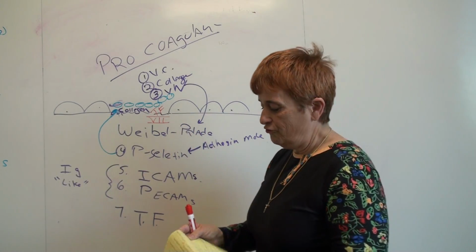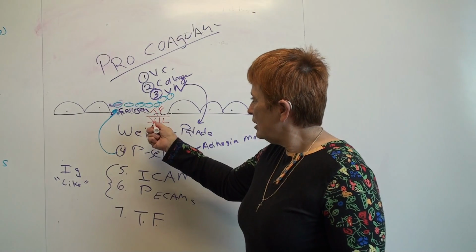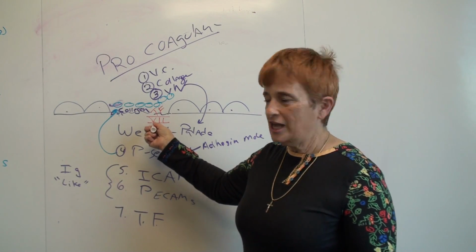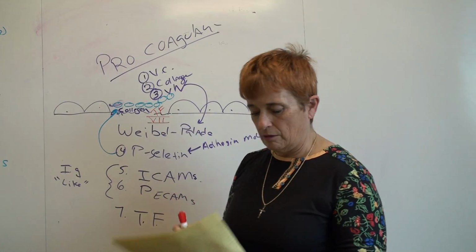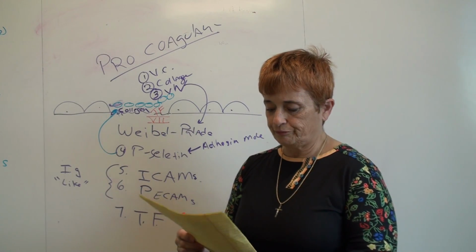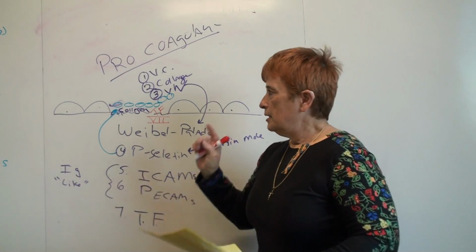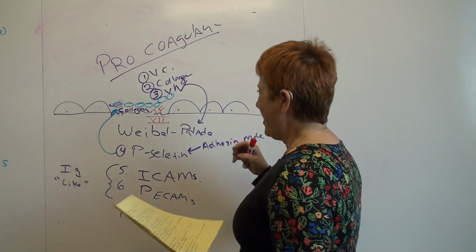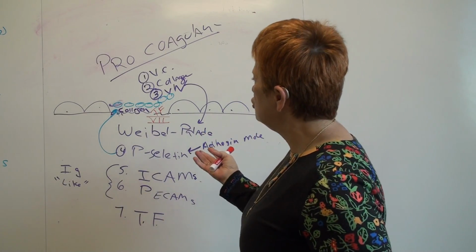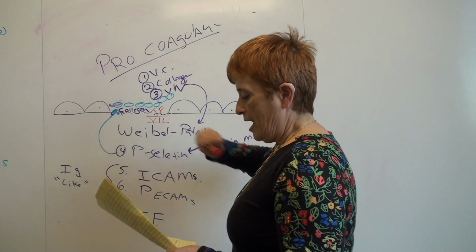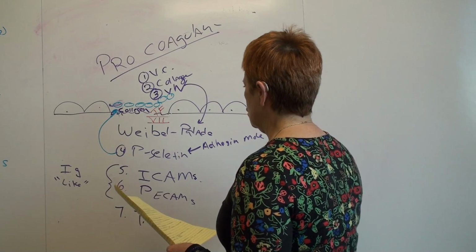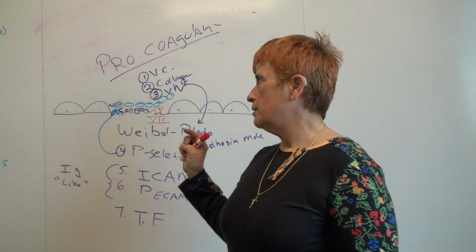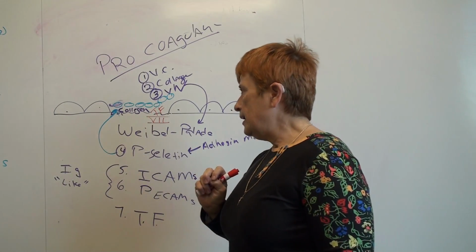So tissue factor activates 7. And then you'll see later on how that becomes important. Now, in a pathological type of situation, having your tissue factor is kind of precarious.